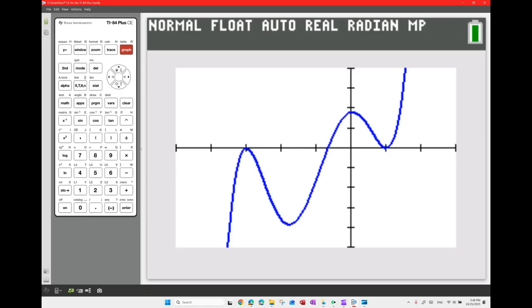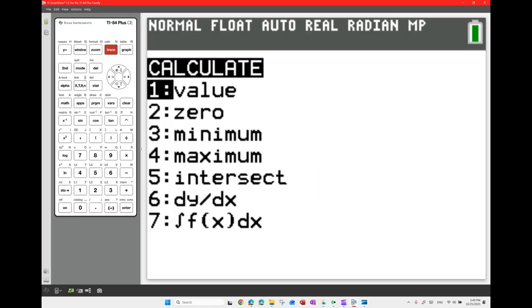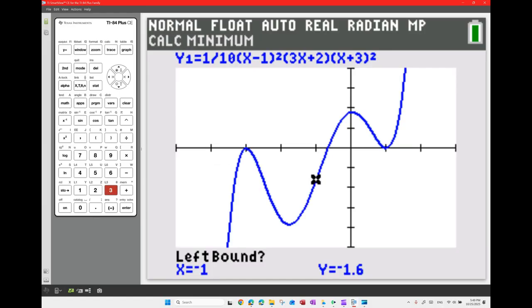And I will have something more interesting. Now, what I am mostly missing here is this minimum right there and this maximum here. So what I'm going to do is press second trace to go to the calculate window, and I'm going to first look for the minimum.